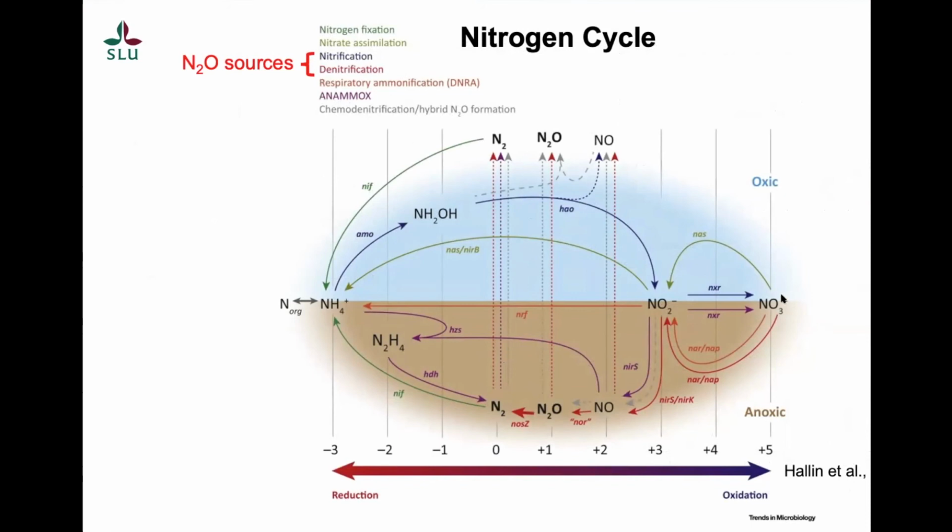So we have nitrate under anaerobic conditions being converted back into nitrogen gas, and that's emitted in the atmosphere. But the thing about denitrification and nitrification is you can get nitrous oxide being produced by both processes. And that gets increased the more nitrogen you add into the system.